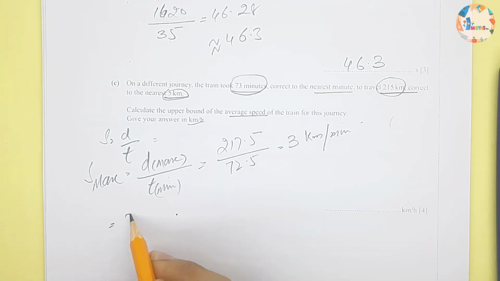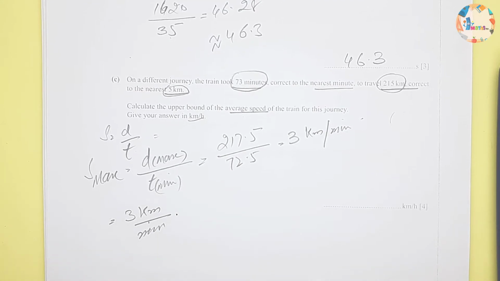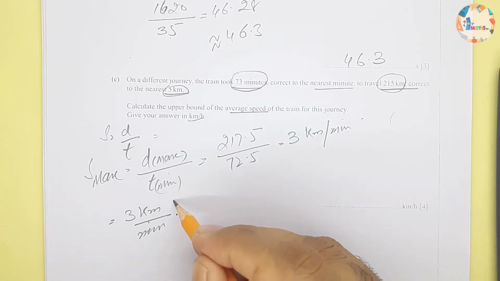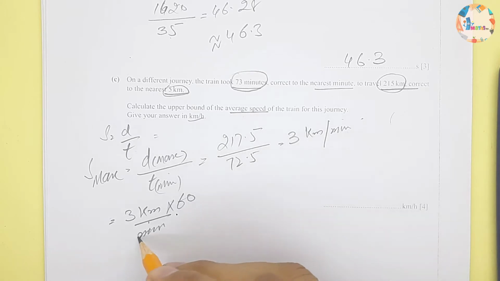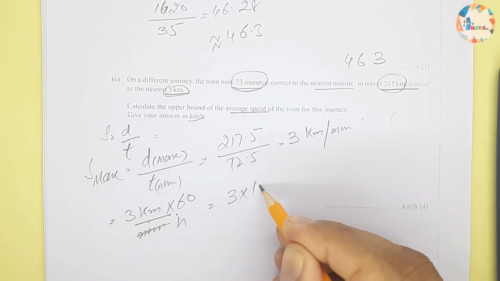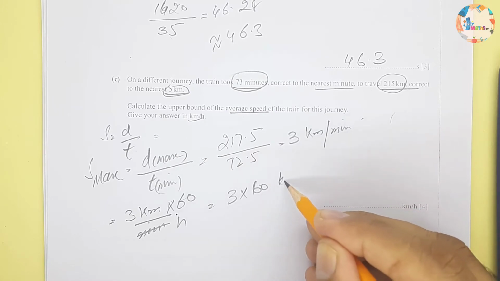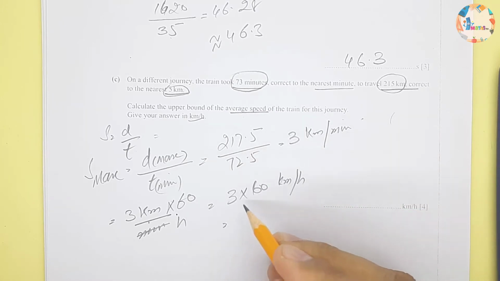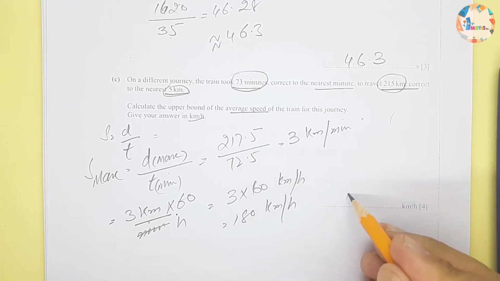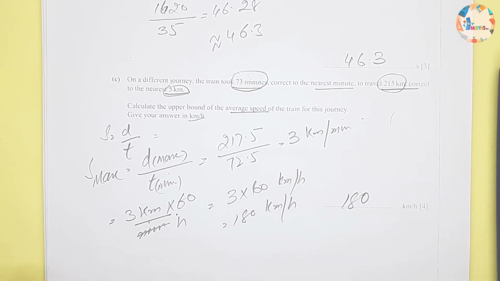So 3 kilometers per minute, the minutes need to be changed into hours. So division will be on this side, so this will be hours. Now this will be 3 multiplied by 60. This will be kilometers per hour, and 3 into 60 will be 180 kilometers per hour, our answer over here. Hopefully you got this.